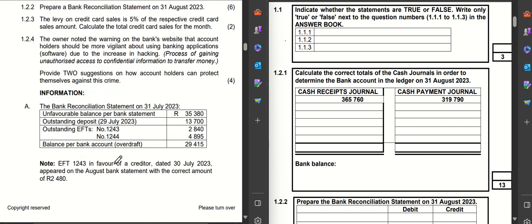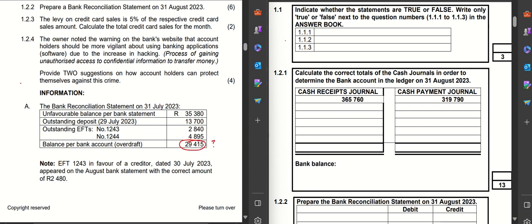It says here, unfavorable balance as per bank statement. You can see here you have an unfavorable balance, and then here you are given the balance as per bank account. Let's assume that the examiner does not give us this amount. Let's say it's not given and you're given a question mark.